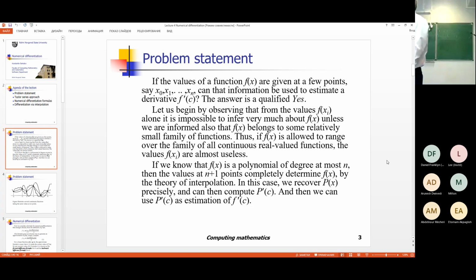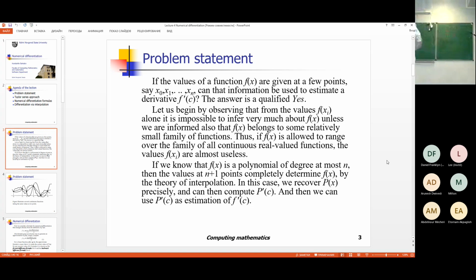Well, so when we know the function, when we know that f of x equals sine x, we can find the derivative, cosine, and we can compute the derivative at any point. If f of x is x to the power n, we can compute the derivative, and after that we can compute the derivative at any point.